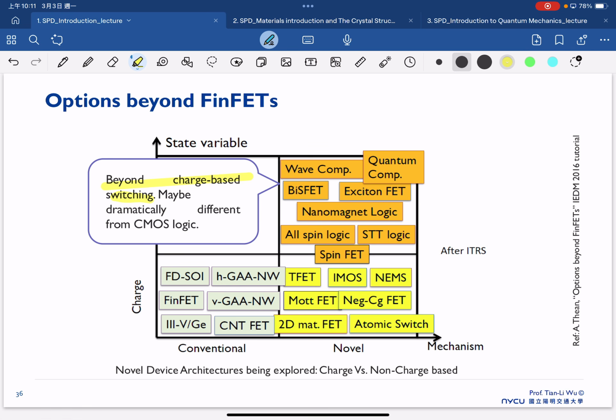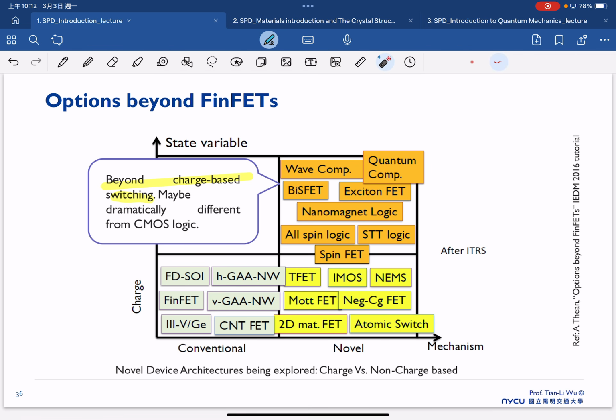So that's what we call charge-based switching in the MOSFET device. But for these technologies beyond charge-based switching, that means probably all of them don't need the gate bias. Sometimes they use magnetic rather than voltage, rather than electric field.